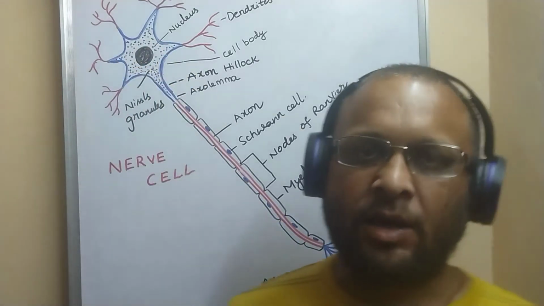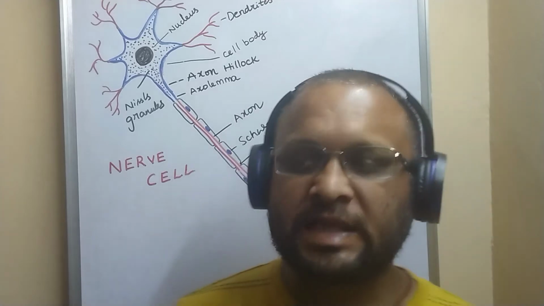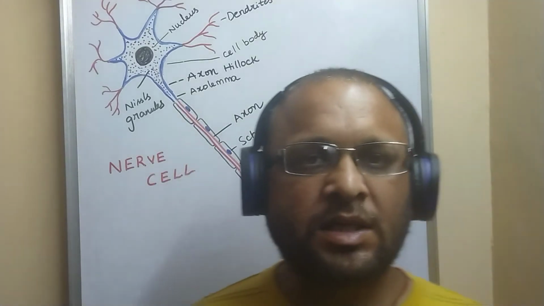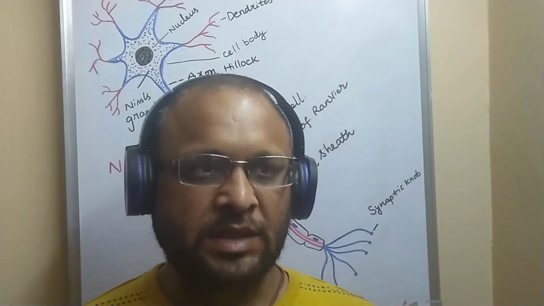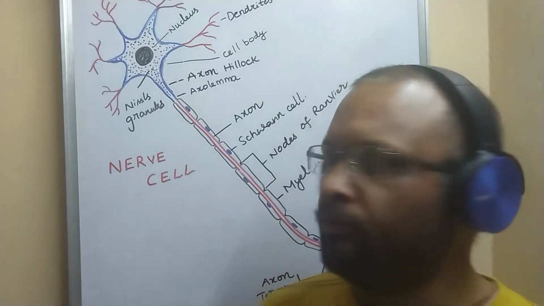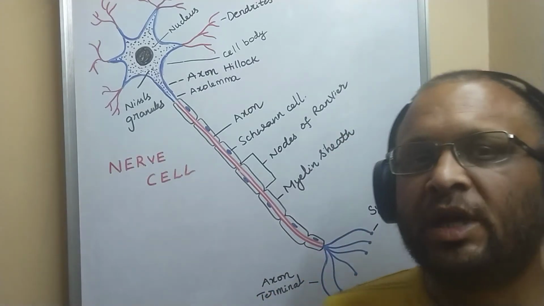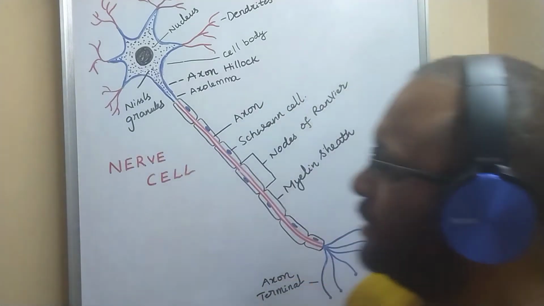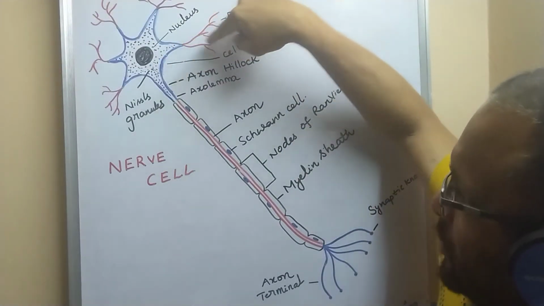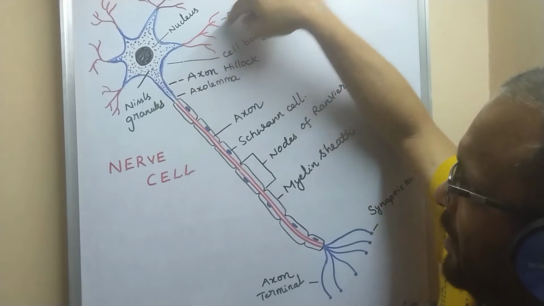What are these granules? These are called Nissl granules. What is the function of the Nissl granules? They are nothing but rough endoplasmic reticulum, which helps in protein synthesis. Next, around the cell body, you can see fine hair-like projections.